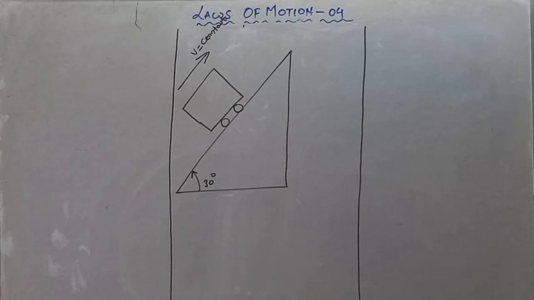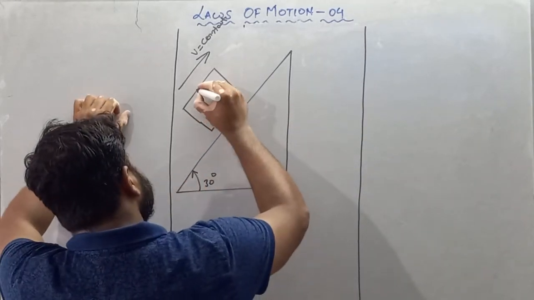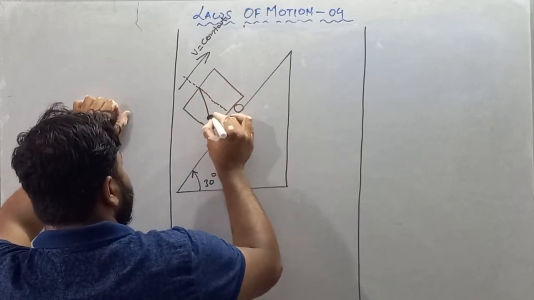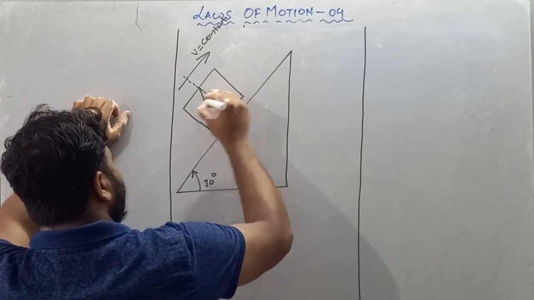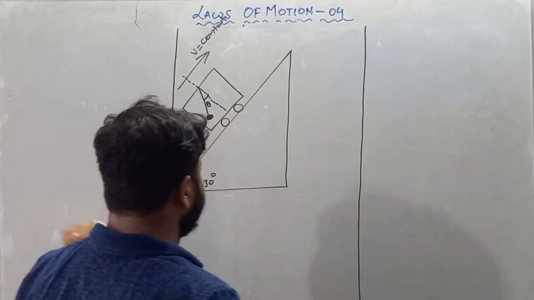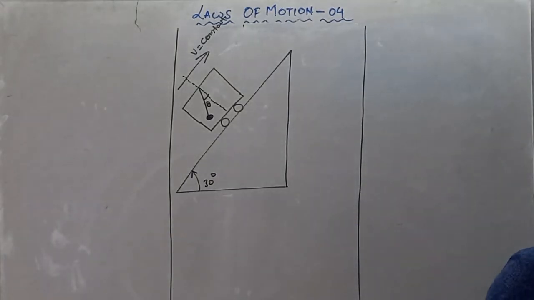A pendulum is connected with the ceiling of the bus, having mass of 1 kg.